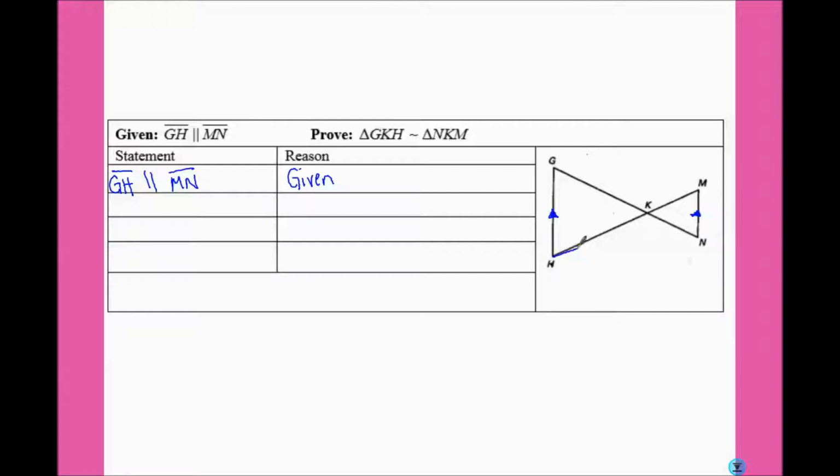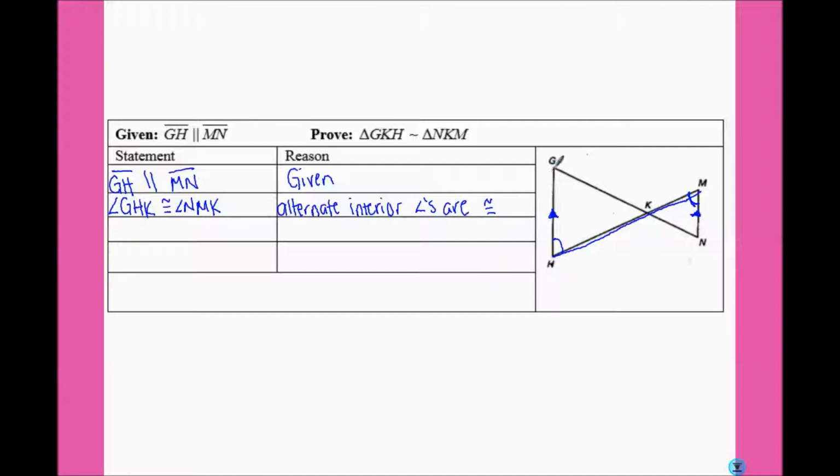And those two sides are connected by this transversal. So we could say that this angle and this angle are congruent because they're alternate interior angles. So angle GHK is congruent to angle NMK because alternate interior angles are congruent.